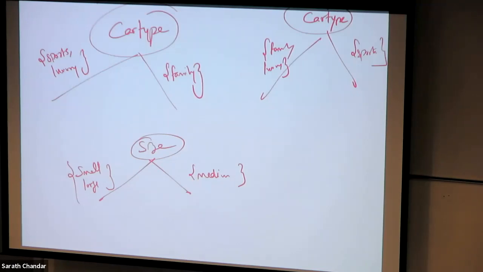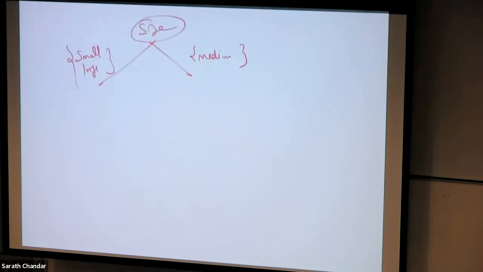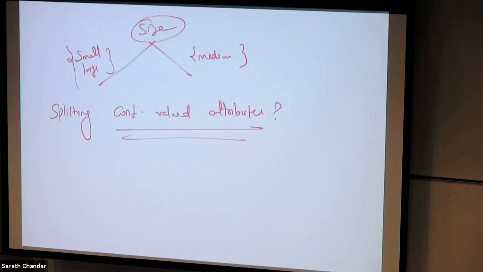Now there is also another important question about splitting, which is how do I split continuous valued attributes? Let's take annual income. Annual income has a huge range, from 0 to millions of dollars.